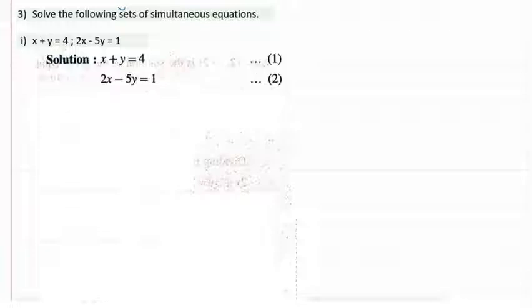It is always easy to increase the number and equate. So minus 5 we will keep as it is. Instead we will increase the coefficient of variable y in equation 1. To increase it we have to multiply. So to increase the coefficient by 5 we multiply 1 into 5 to get 5.